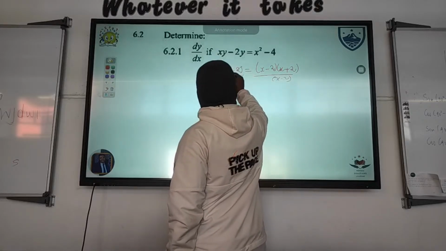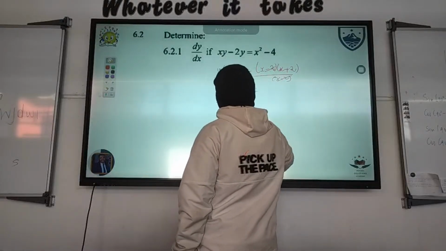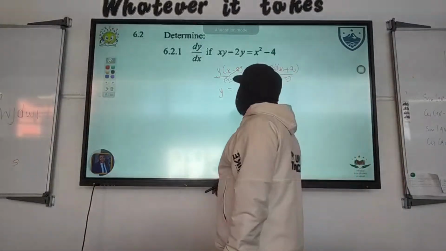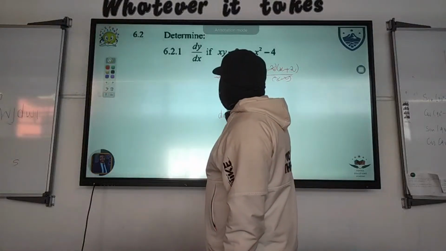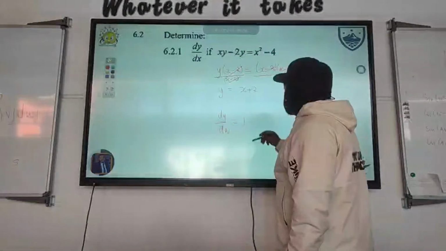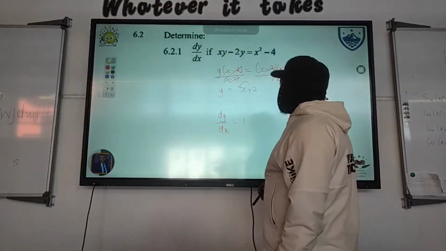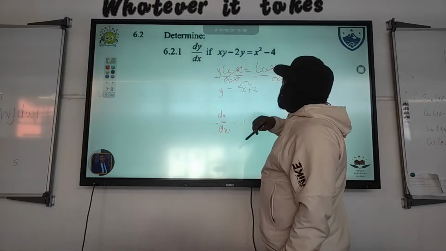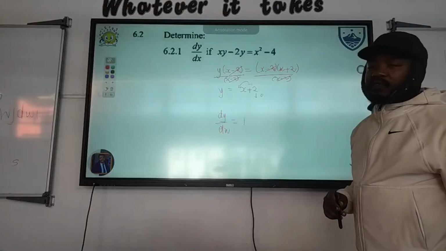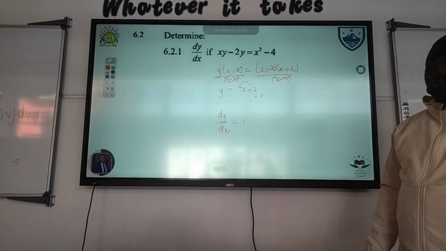To divide this x minus 2, and then our answer will be x plus 2. So what looked like a very difficult problem is actually a very simple calculus problem, and then our dy/dx will simply be 1. Because when you differentiate this, x gives us 1, and then minus 1 is a constant, and differentiating the constant will actually give us 0. So dy/dx equals 1.